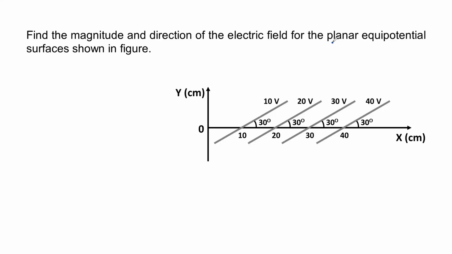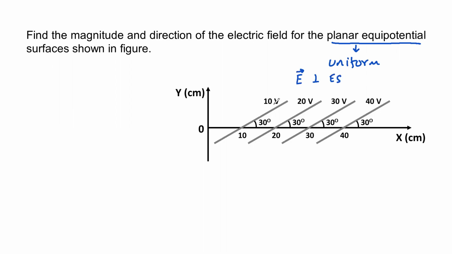Now, if the equipotential surface is planar, you can say that the field is uniform. Okay, the field is uniform. It's a uniform electric field. The other thing that you can say is that electric field is perpendicular to the equipotential surface.